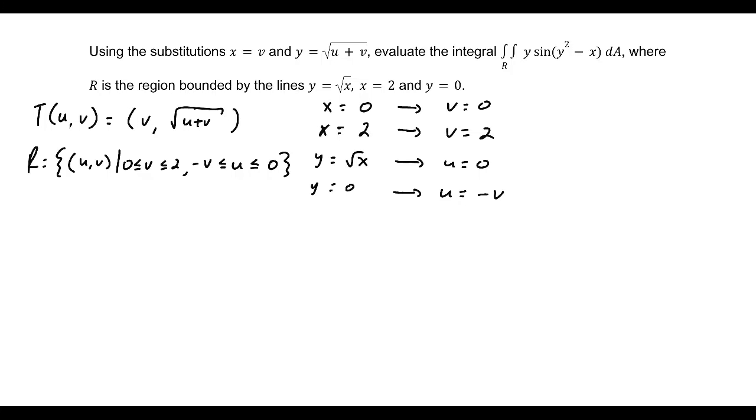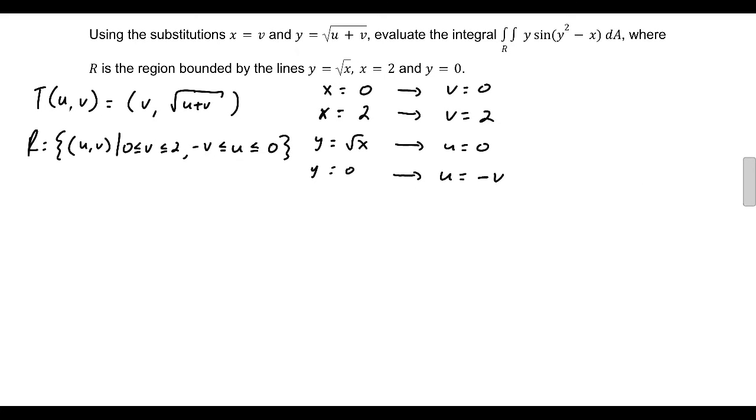All right, now that we have the transformation, we need to find the Jacobian of that. And in fact, we specifically need the absolute value of the Jacobian. So let's go ahead and find that.